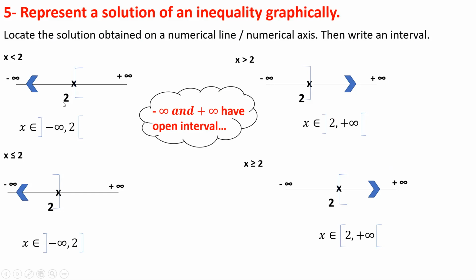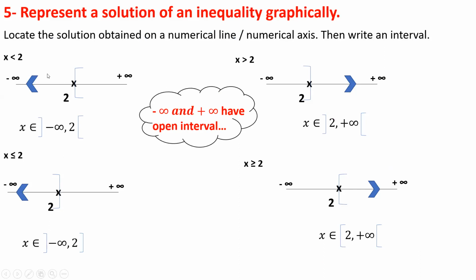Always, if you still remember while I was solving, I was saying etc. for the solutions of the inequality. This etc. means my solutions are infinite. So here on the number line, I always write a minus infinity and a plus infinity.